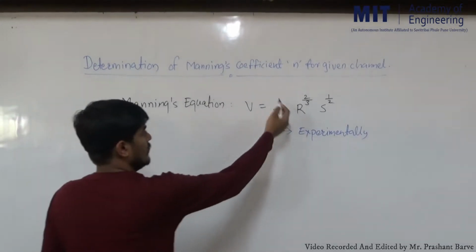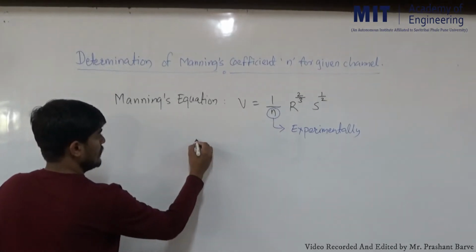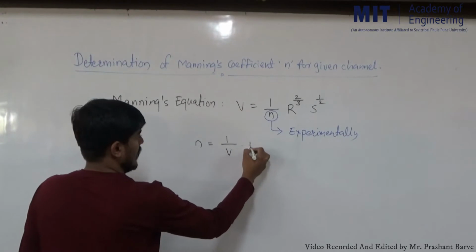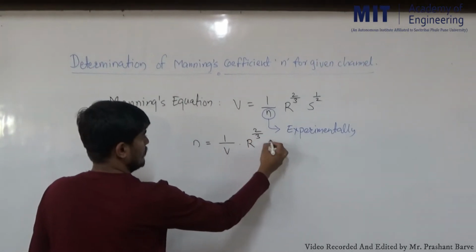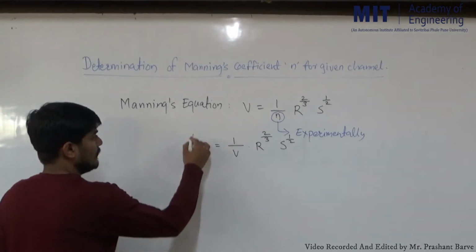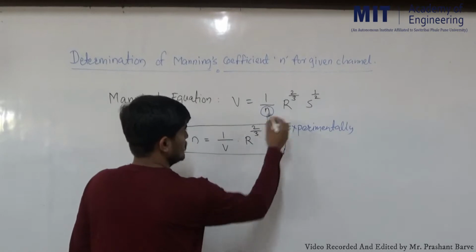If we rearrange the terms in this equation, I can write Manning's n equals 1 upon V, R to the power 2 by 3, S to the power half. First of all, let me define the terms in Manning's equation.